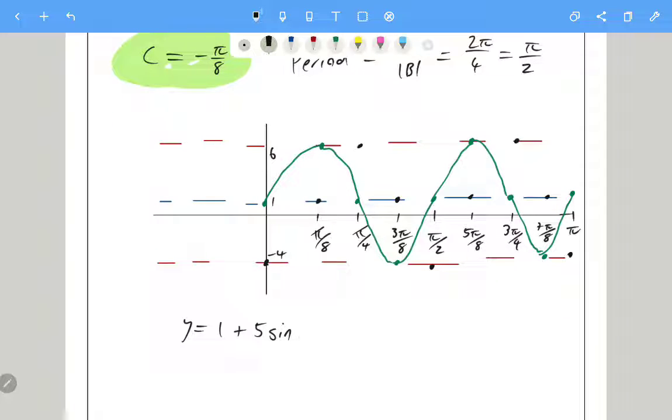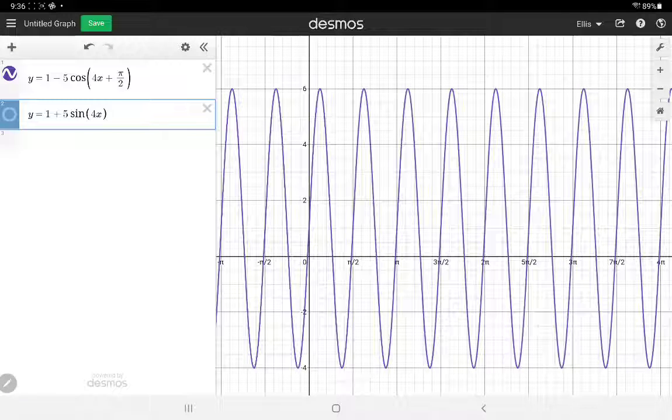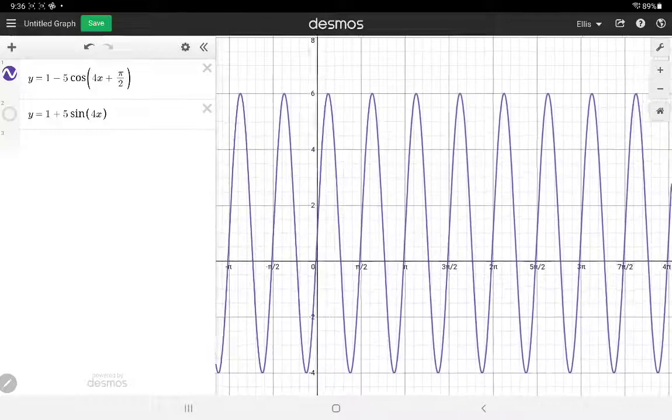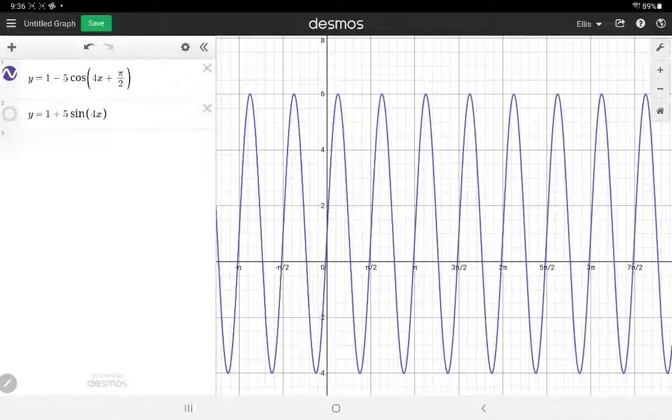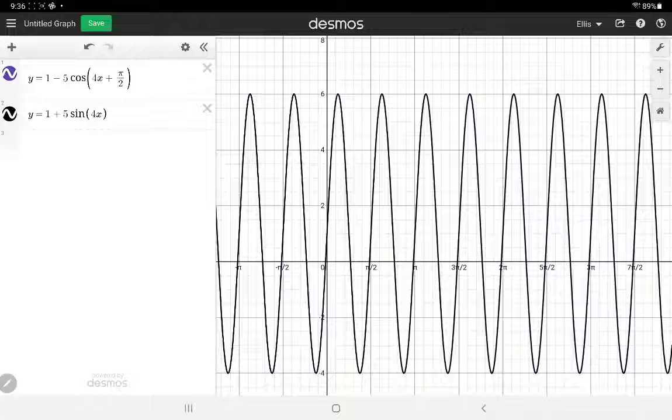Oh, sorry, plus the period, so it'll be 4x. Always a great way to actually check these sorts of functions. You can see here that this is the original function, and drawing on top of it, you can see that the sine version of the function is exactly the same.